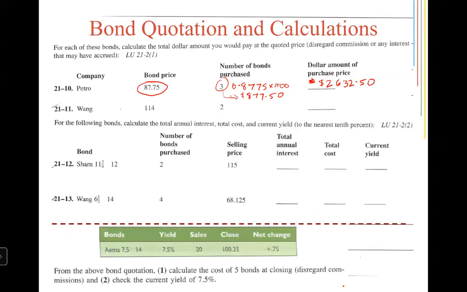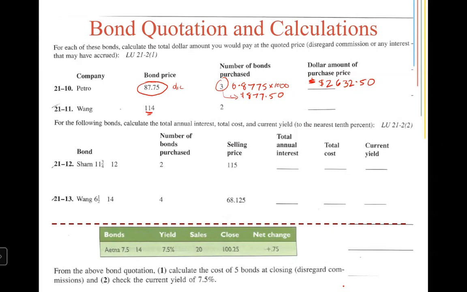Okay, look at the next one. This one is going at a discount because it's lower than 100%. Now this one is at a premium because it's over 100%. So tell me what the cost of one of these bonds would be if 114% is the close price. $1,140.